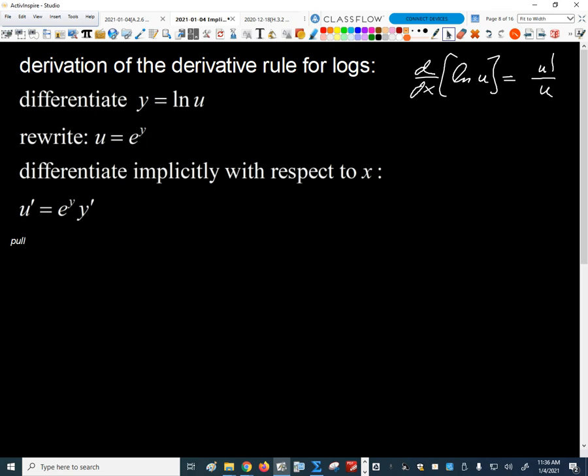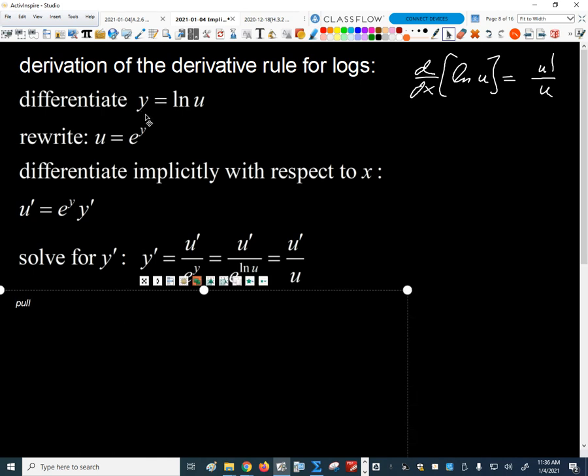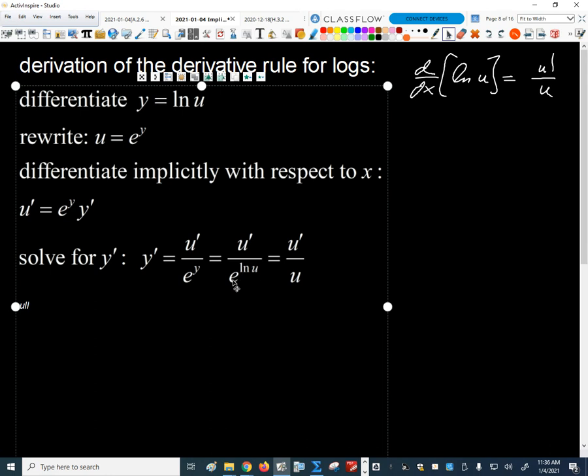So now if I just solve for y prime, I get y prime equals u prime over e to the y. Well, remember, y is defined as log u, right? So e to the log u, the exponential function and the natural log cancel out, and I just get a u on the bottom. So I get u prime over u.